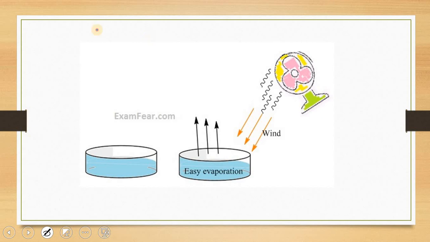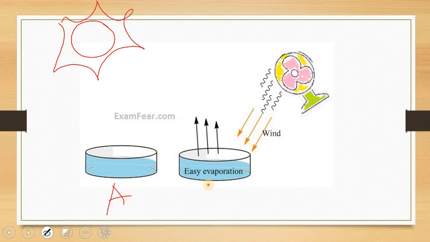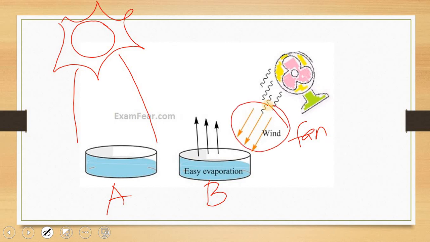Okay, so for example, if I have two containers, the same size of container with the same amount of liquid, and then I put them under the sun. Okay, I have A and I have B. So A is just under the sun, just like that, waiting for it to be completely evaporated. And B I have with a fan. So I have this wind speed.